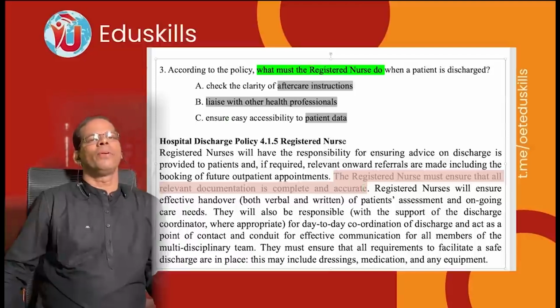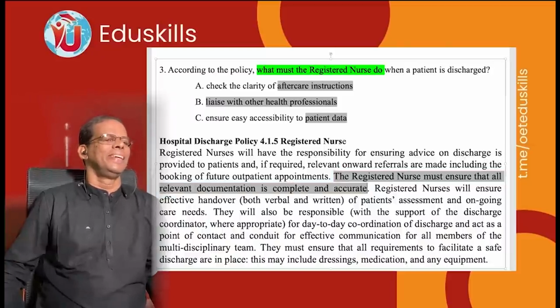This is a problem that you should be very careful about. This is not the right answer. There is a scale expression. The registered nurse must ensure that all relevant documentation is complete and accurate. All relevant documentation.